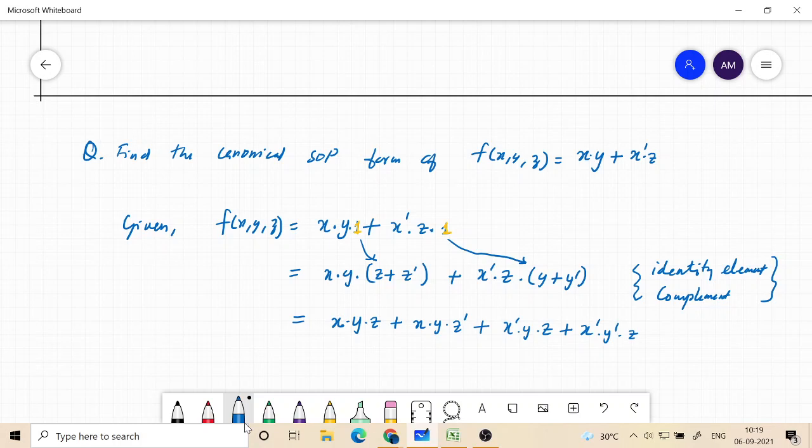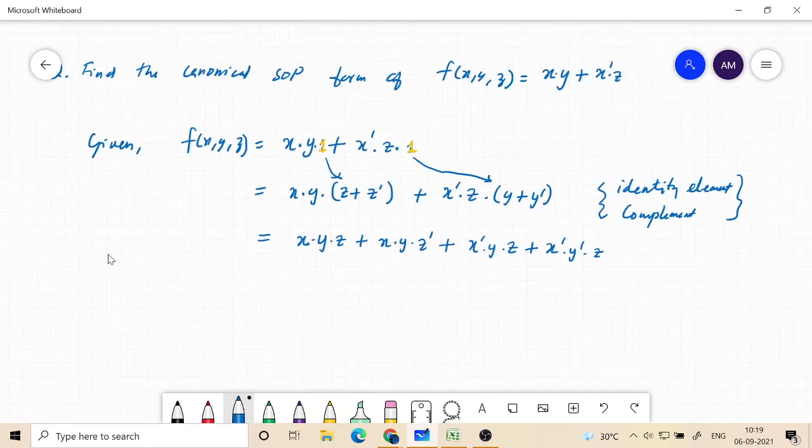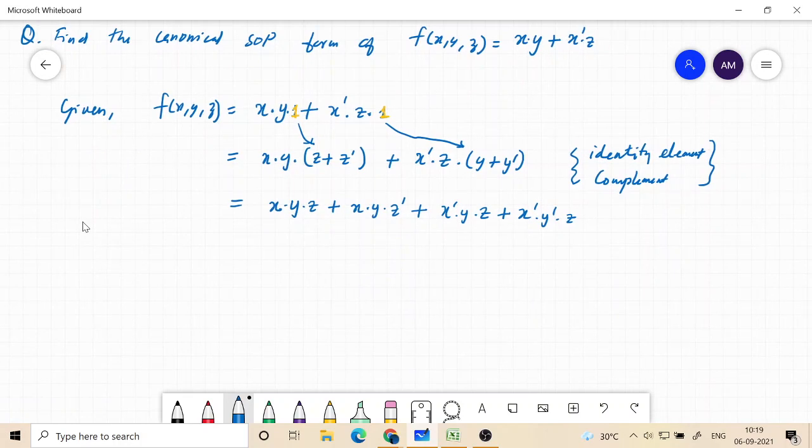Here I have just used the distributive property and the commutative property also, because I have interchanged the order. Y was at the last position, and I interchanged it with z. So two properties I have used: distributive and commutative. Now I have all the minterm representation here.